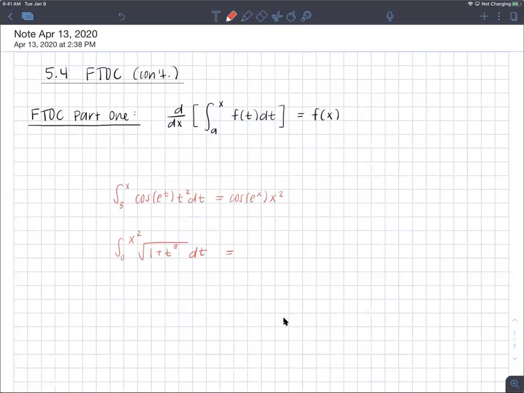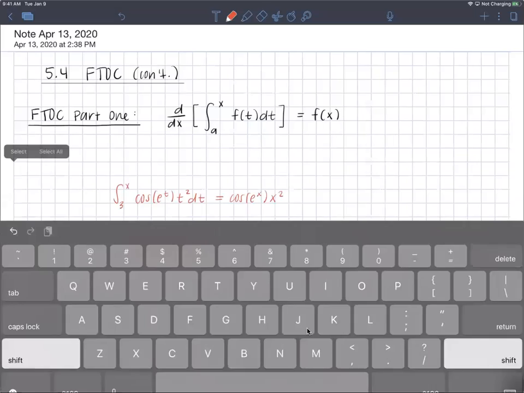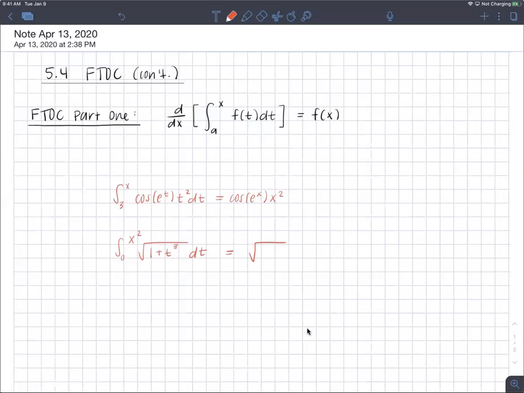And we had said that this was equal to the square root of 1 plus t cubed. Nope, sorry, I started writing down the wrong line. It was the square root of 1 plus x squared cubed. And then I had multiplied it by 2x.